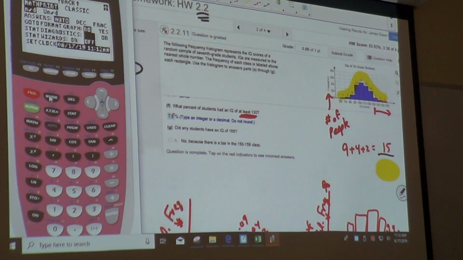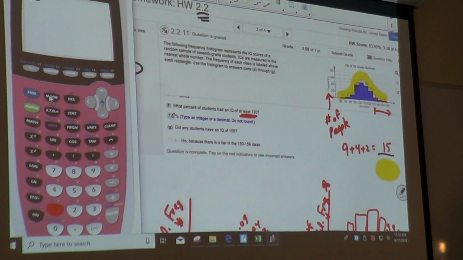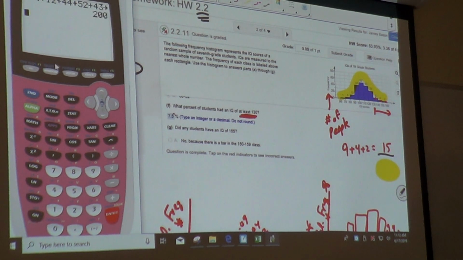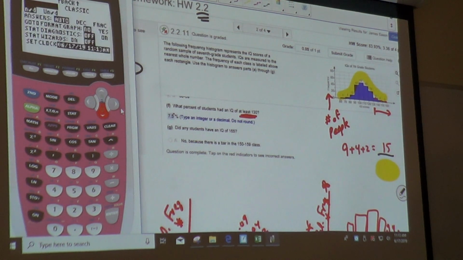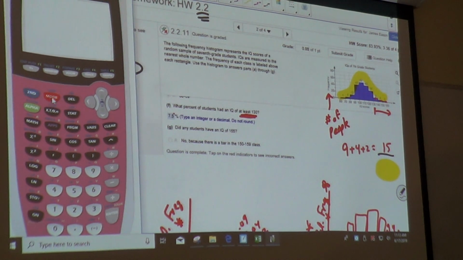Okay, so if I'm adding up 1 plus 4 plus 12, 44, 52, 43, 29, 4, 2. I'm going to put mine in classic mode just so that you can see all my numbers. If I had it in math print, it puts all on one line, but if I put it in classic, it wraps around so that you can see all my numbers.